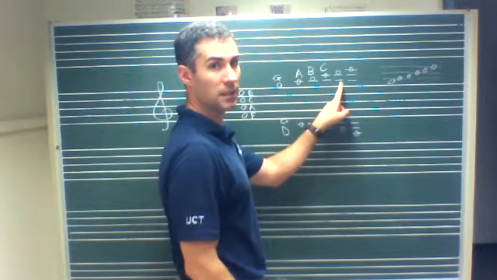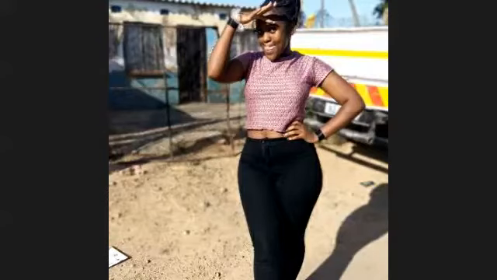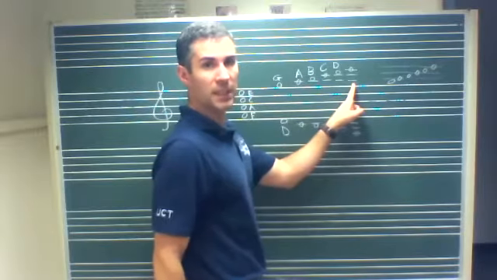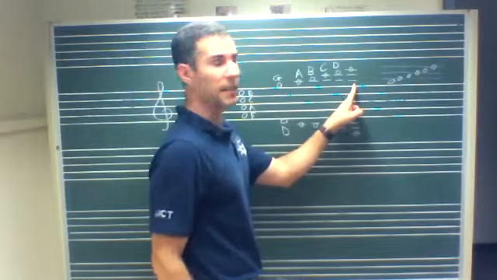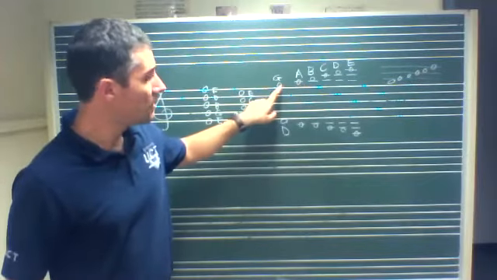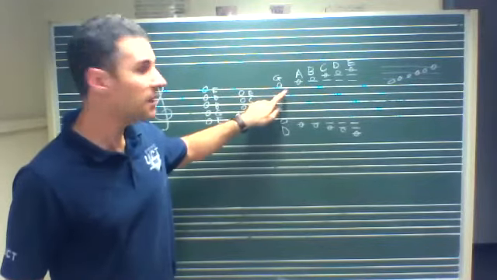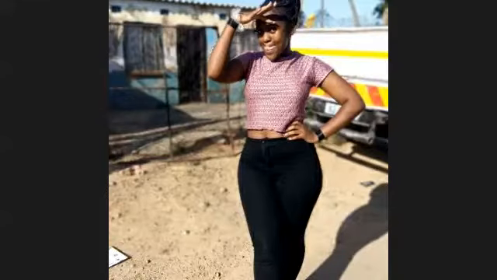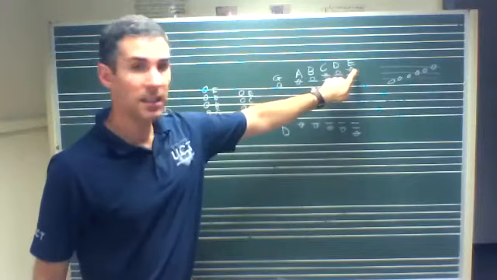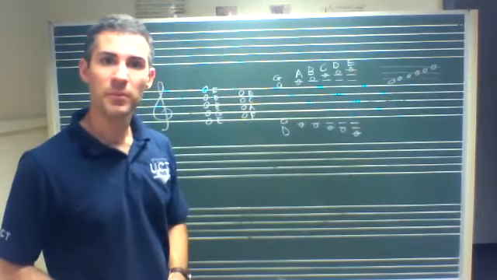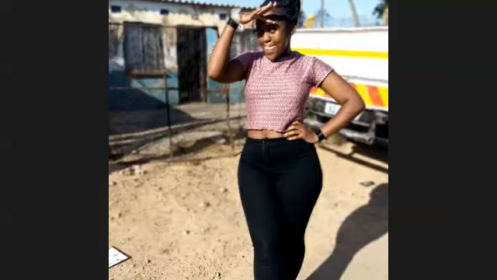D. D. Yes. And this one, the next line? E, correct. Okay, do you see that we are just basically alternating between line, space, line? Okay? You happy with that?